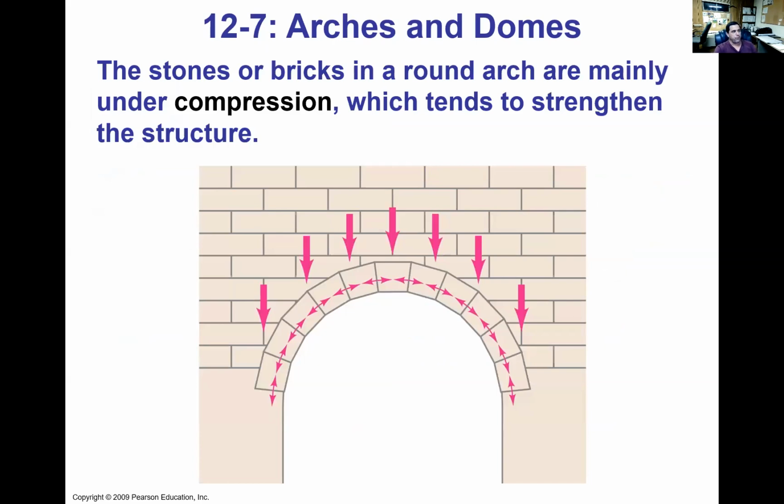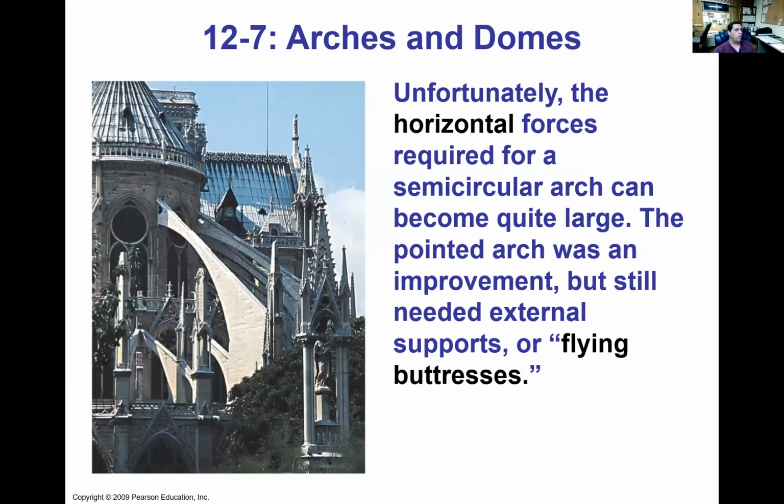The stones or brick are mainly under compression, which tends to make it a bit stronger. We started making things too big at one point, and they ended up using something called flying buttresses to help push back and counter some of the large forces that they were encountering.